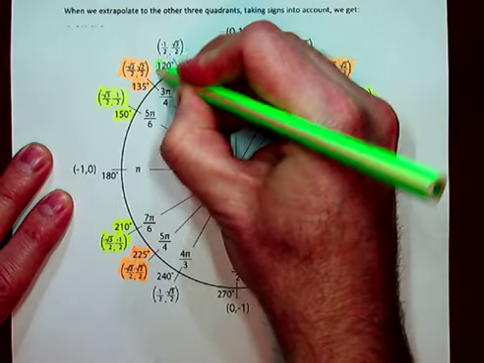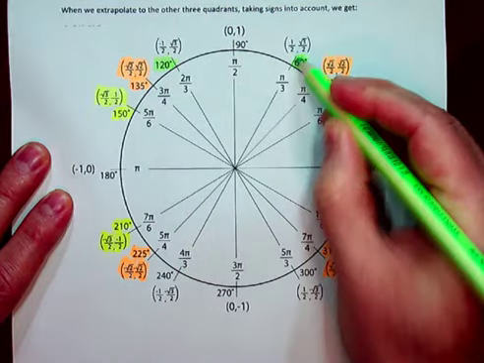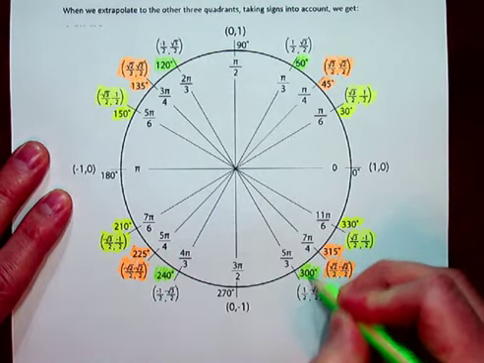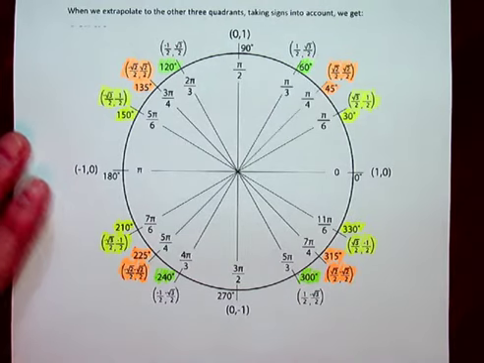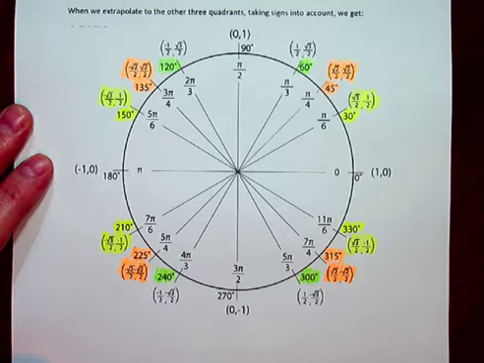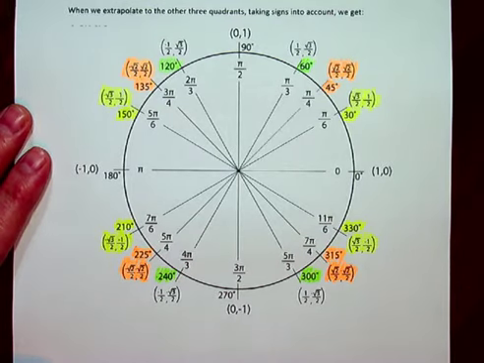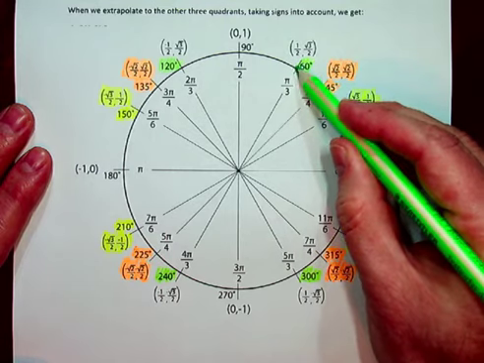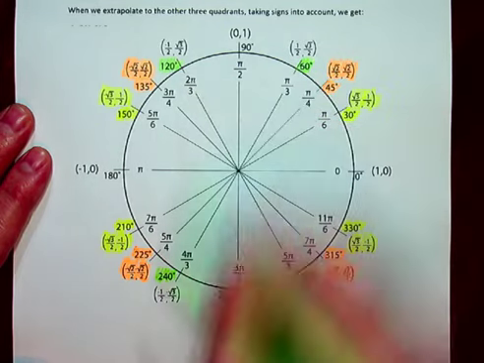And last of all, just to drive the point home, if you have 60 degrees and 120, and 240 and 300, all four of those angles have a reference angle of 60 degrees. And therefore, they all have the same distance: the ordered pair right here, right here, right here, and right here.